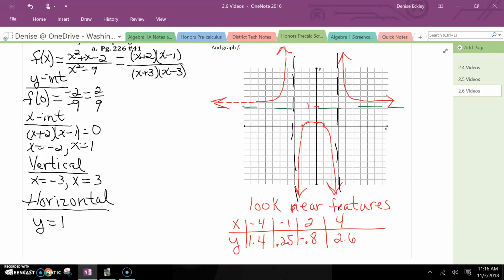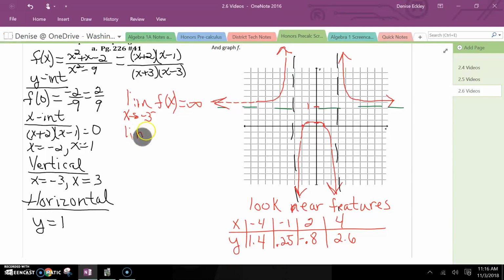Okay, our last order of business in this problem is to write each of our asymptotes using limit notation. So I have to do the limit as x approaches -3 from the left. And we can see from the graph coming from the left, we go to positive infinity.